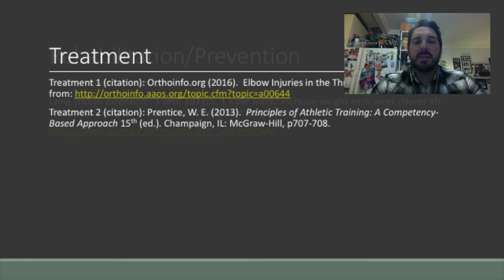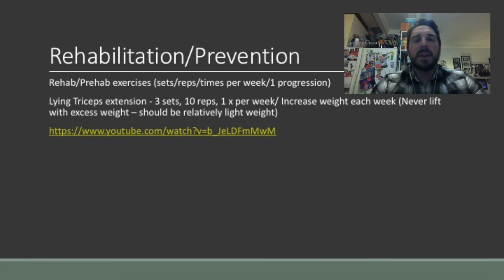So some exercises to rehabilitate or prevent the injury altogether. One exercise that I like in particular is the lying tricep extension done with a dumbbell, used obviously with really lightweight. And you want to strengthen not only the ligaments that surround the elbow joint, like the ulnar collateral ligament, but also the muscular tendons that attach directly to the elbow joint, and in particular the triceps is one of the muscles that you'd want to definitely strengthen.